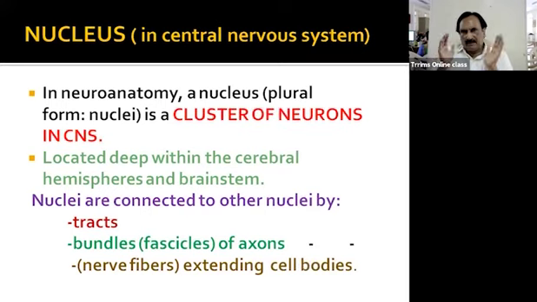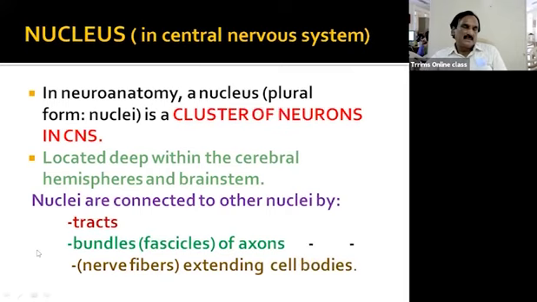That is, if a number of nerve cells are there together, you call it a nucleus. This is quite different from an individual nerve cell. Neurons together in the central nervous system are called a nucleus.